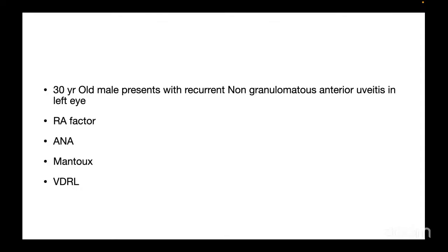HLA typing is also important, sir, apart from RA factor and ANA, because in that age group the most common cause is ankylosing spondylitis. You have to rule that out in such patients. At the end of the presentation, we'll see the right answer.